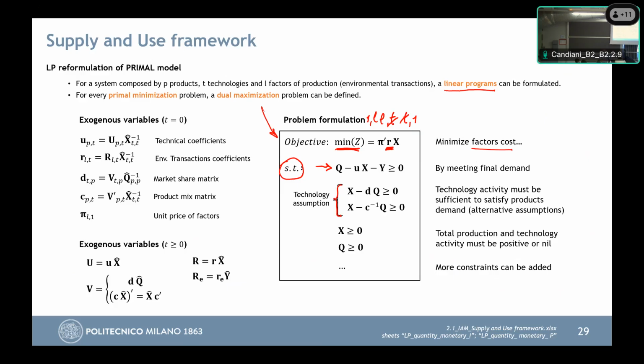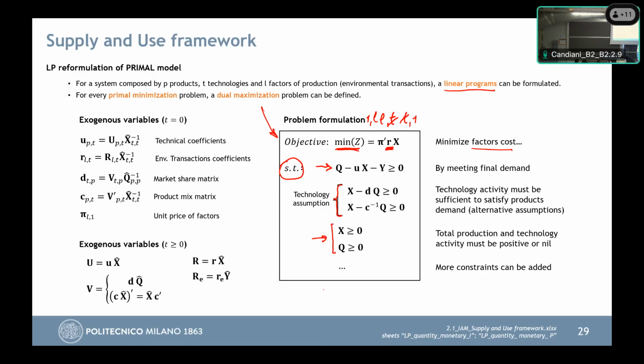Because there may be clusters of technologies in my system that are better described by means of the industry technology, others that are better represented by product technology, depends. So we can also adopt some more sophisticated way of assuming how the system behaves. Then there are the non-negativity constraints, here, X and Q greater than 0.